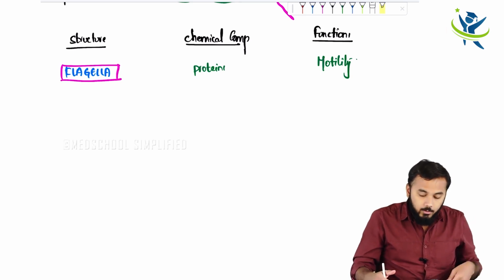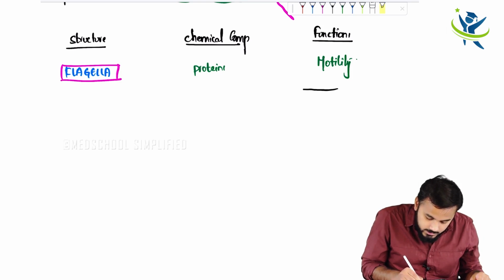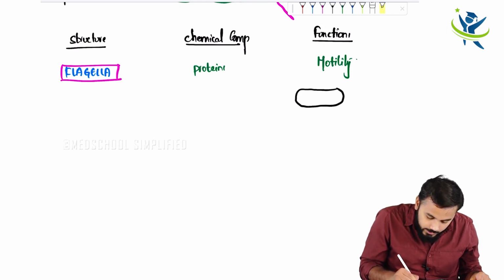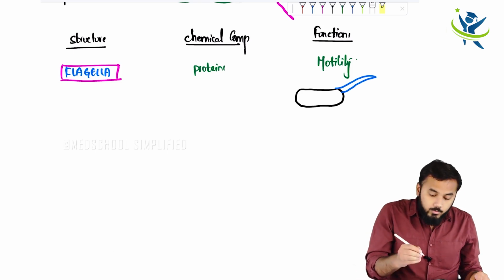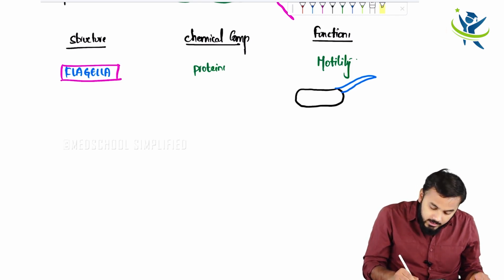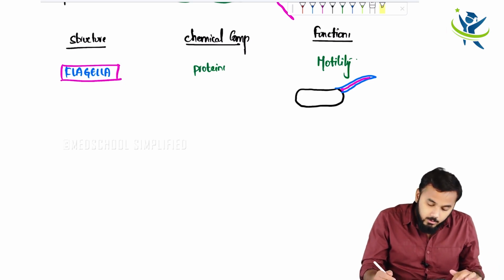No. What they're going to ask you in the exam is this: look here, as I already told you, this is your bacteria over here, right? Coming out of the bacteria like this, you have your flagella. Now, if you look microscopically into the flagella, within this flagella there is a small protein, which I drew in pink.